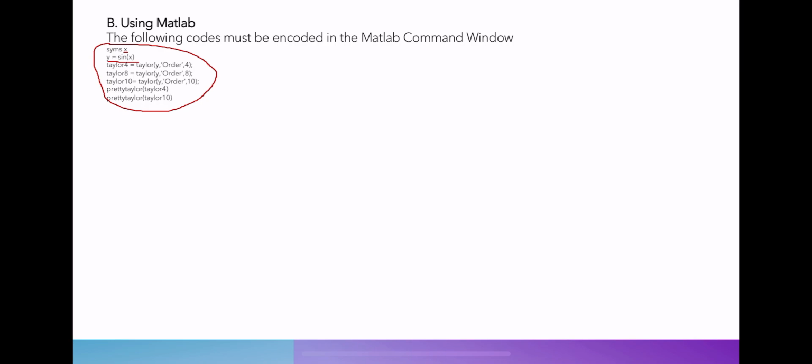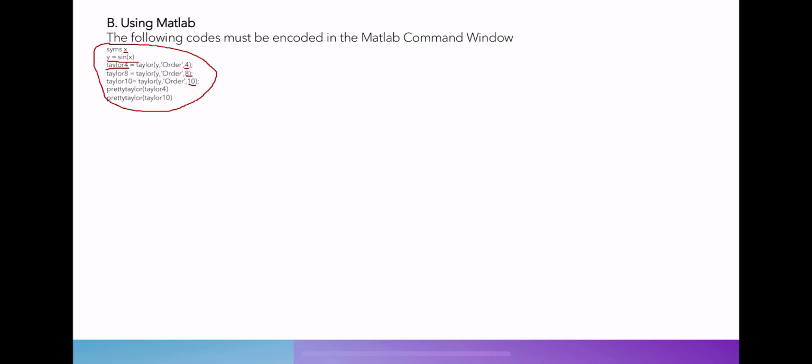Matlab has a special tool for Taylor series expansion. That is Taylor 4 equal to Taylor of y, where the order here, 4, means I'll be expanding my Taylor expansion up to 4th order. Taylor 8 means up to 8th order, Taylor 10 up to 10th order.